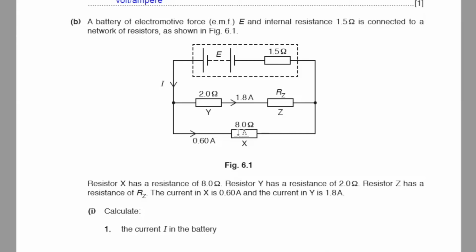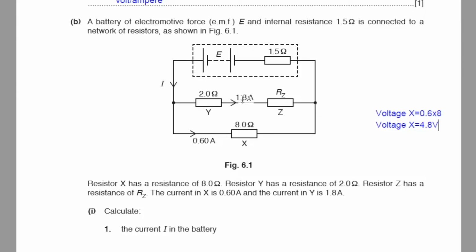So let's calculate the voltage across resistor X. Voltage across resistor X is going to be equal to 0.6 times 8. This gives us the value of voltage across X as 4.8 volts.